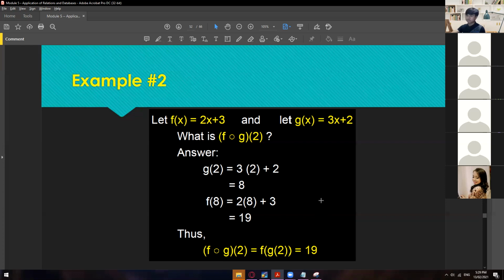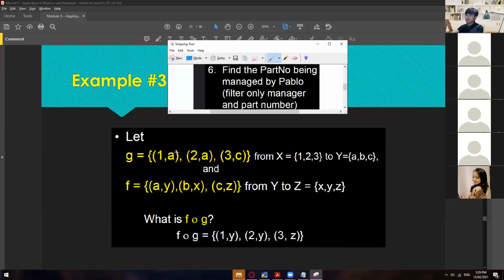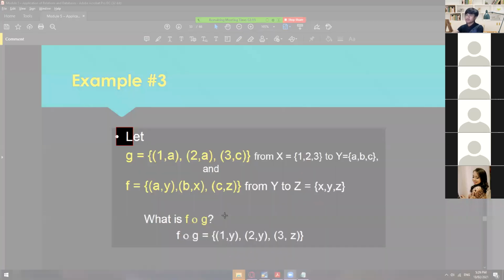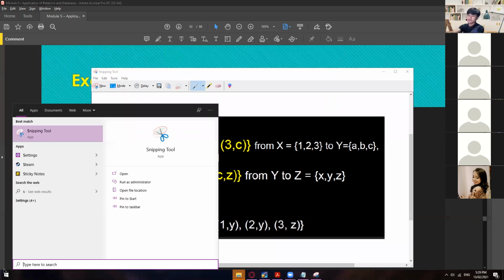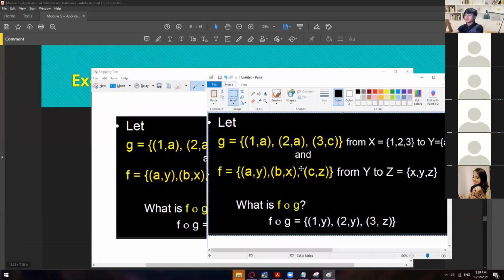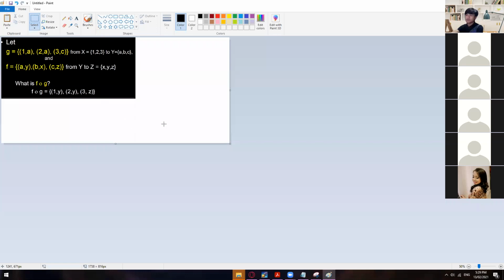Yes, sir. All right. So we have another example here wherein we have 1 to a, 2 to a, 3 to c, then a to y, b to x, and c to z. So how did we come up with 1y, 2y, and then 3z? Let me just show you guys the step-by-step solution.